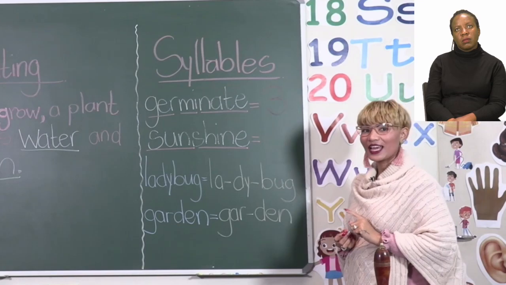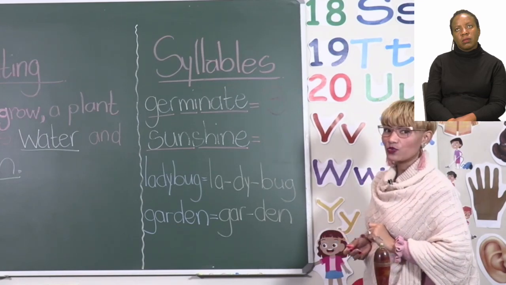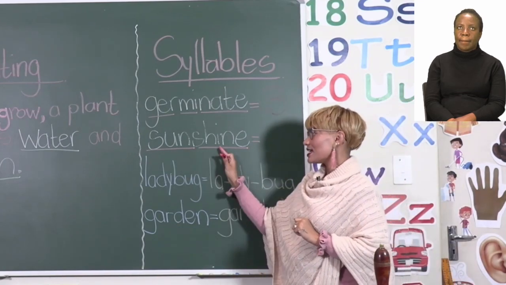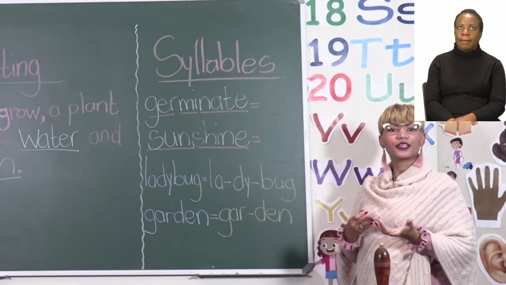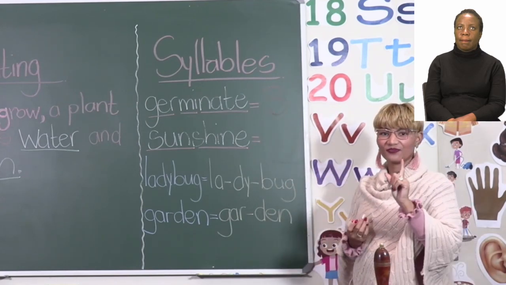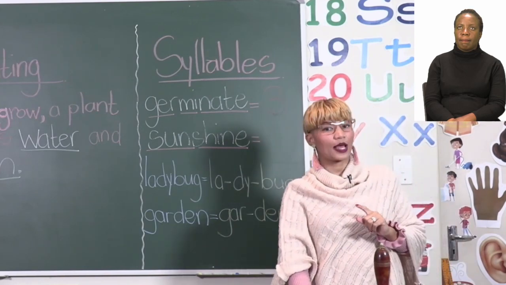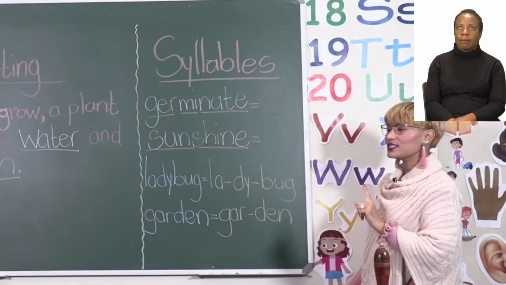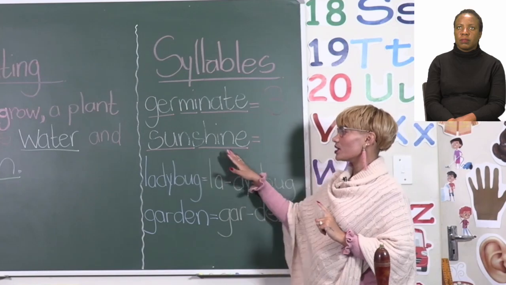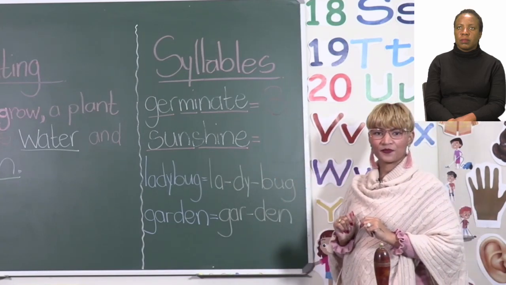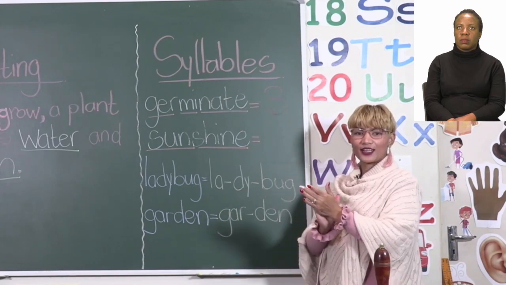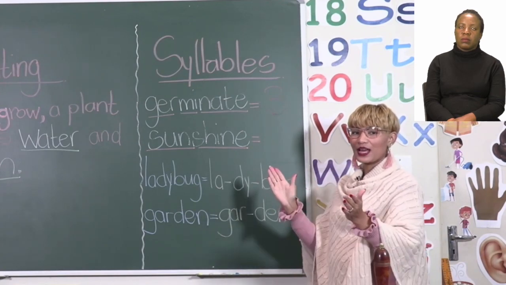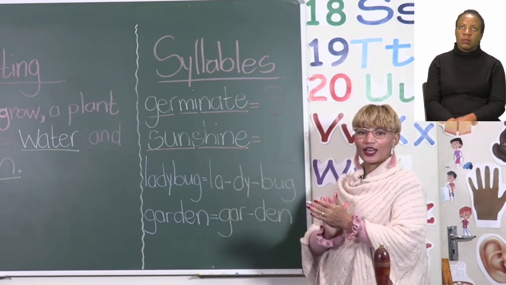Let's look at the second word. The next word that I chose is the word sunshine. Say the word with me. Sunshine. Now, I want us to clap together and see how many syllables we have in the word sunshine. Let's do it together. Sunshine. One more time. Sunshine.